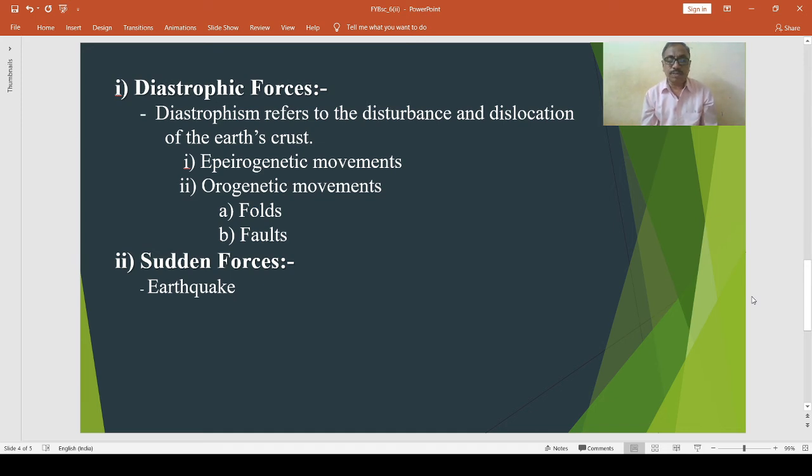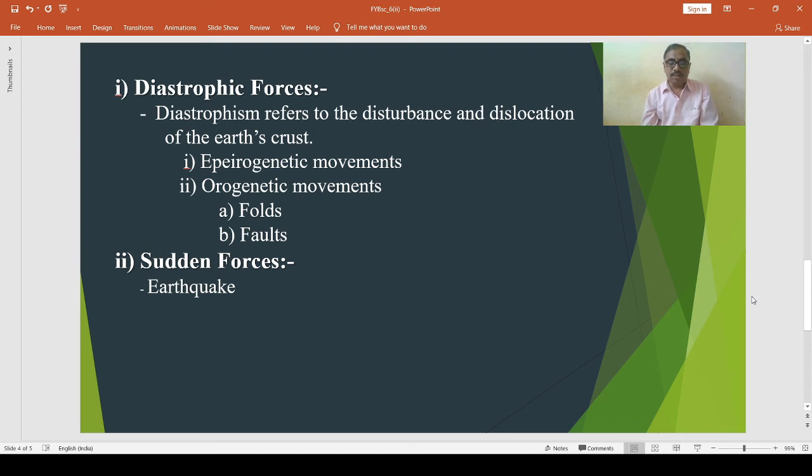The focus is the place from where vibrations spread out in all directions. The speed of vibration depends upon the density of rock. It is very great in solid granite and low in loose sand and gravel.